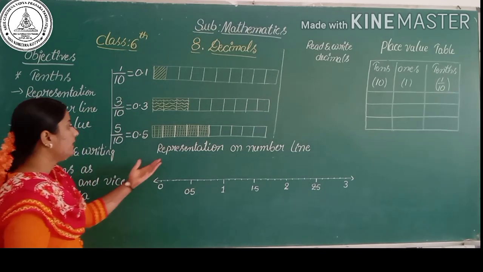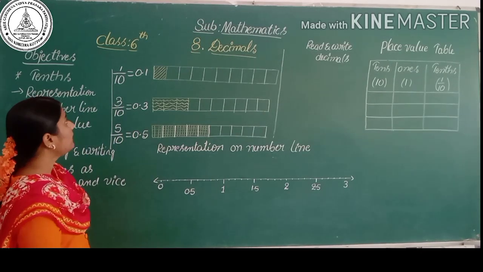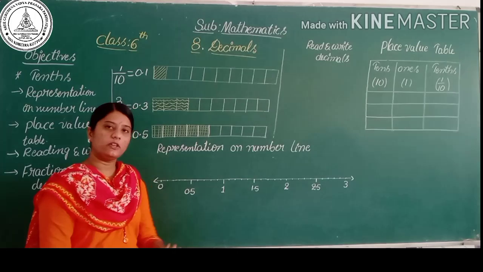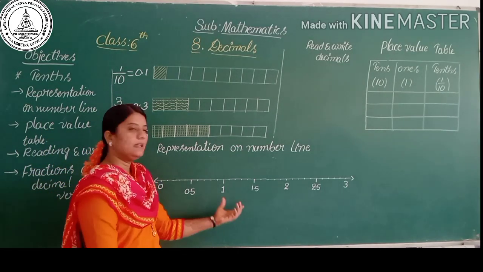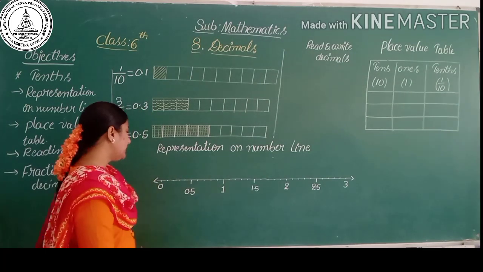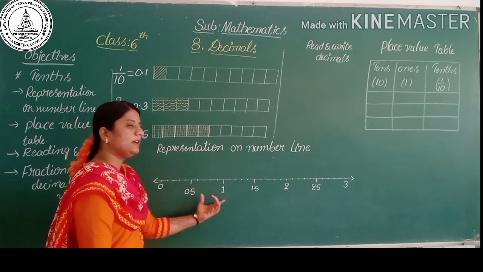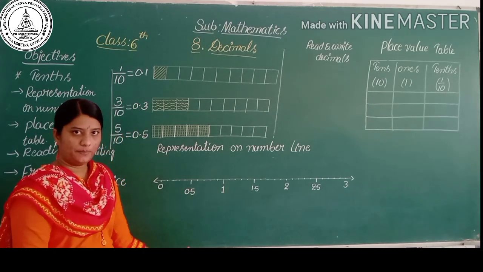Then let's see the representation on a number line. Let's see here how you can represent the decimal numbers on a number line. In the previous class we have learned how to represent the fractional numbers on a number line, right? Yes, we know that the length between 0 and 1 is divided into 10 equal parts, right?